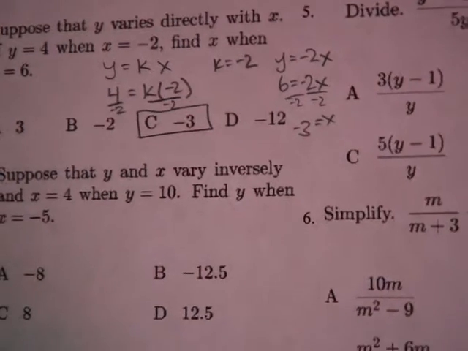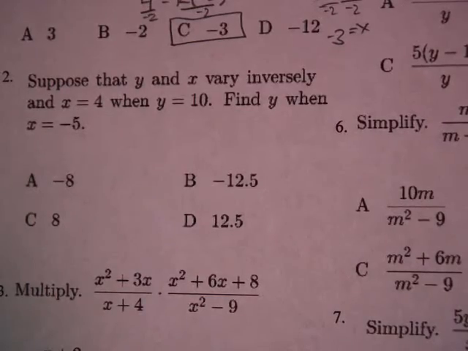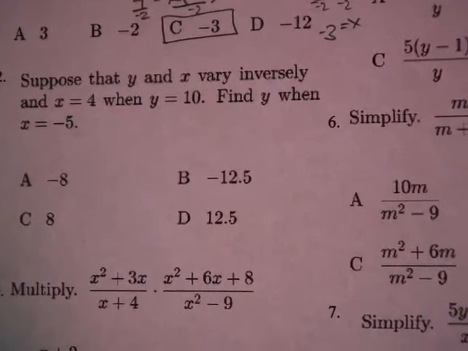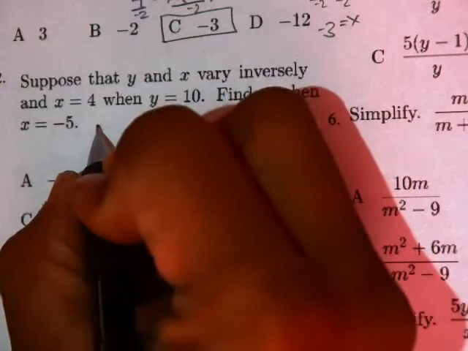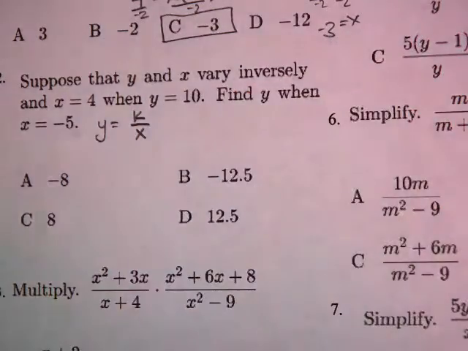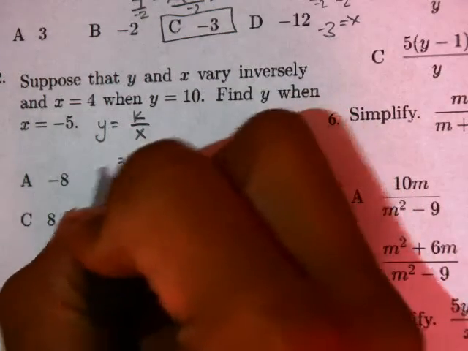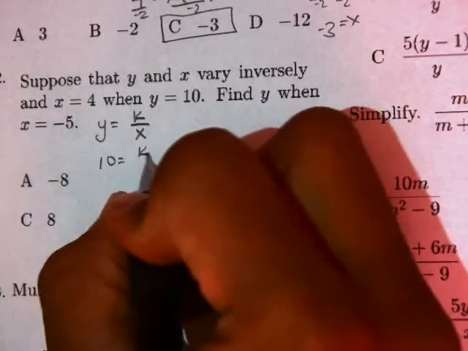Number 2 is very similar, the only difference being that y and x vary inversely. So now instead of y is equal to k times x, our function is y is equal to k divided by x. So when x is 4, y is equal to 10.